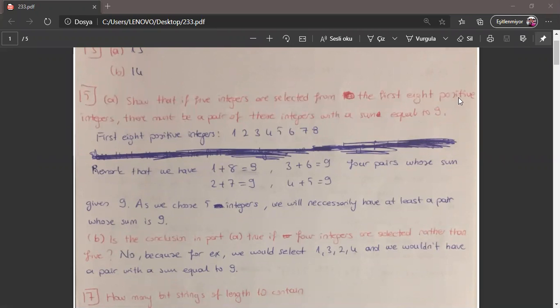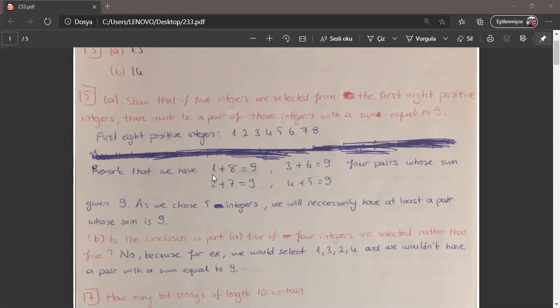We have the first 8 positive integers, and 5 integers will be selected from these ones. Now we want to show that there must be a pair of these integers, from these 5 integers, with a sum equal to 9. So here we have these 8 integers, okay?